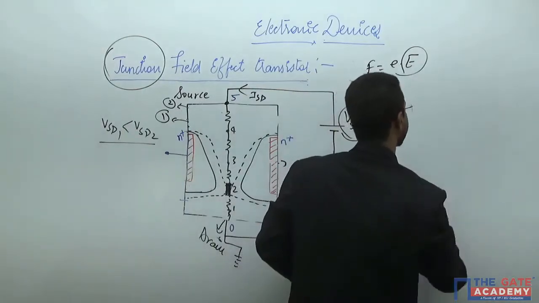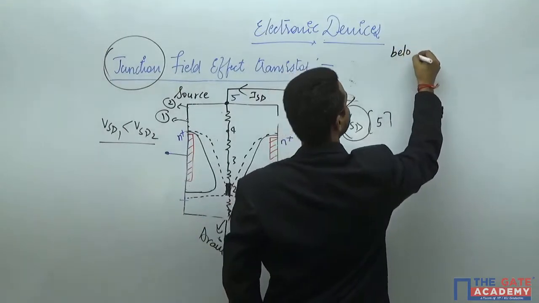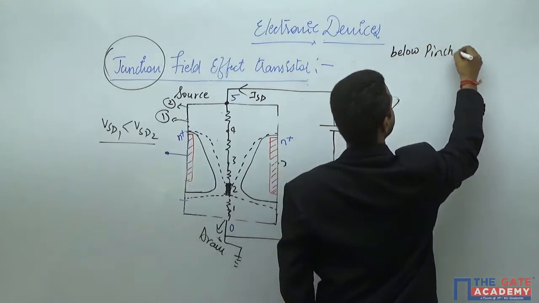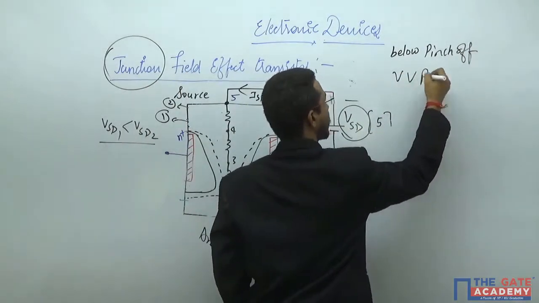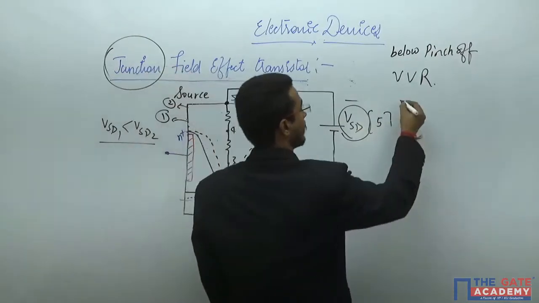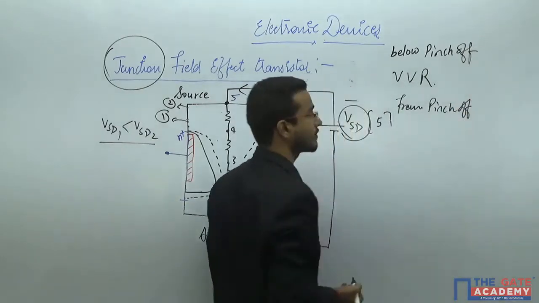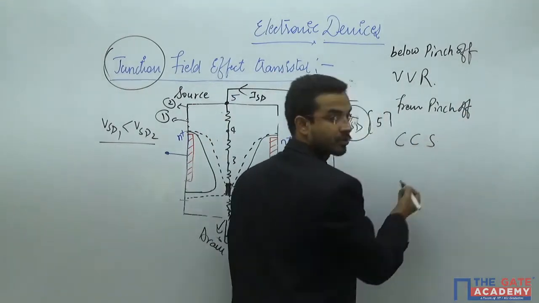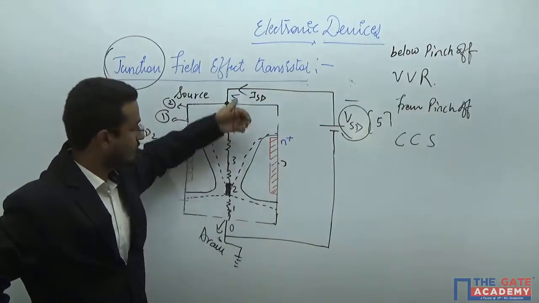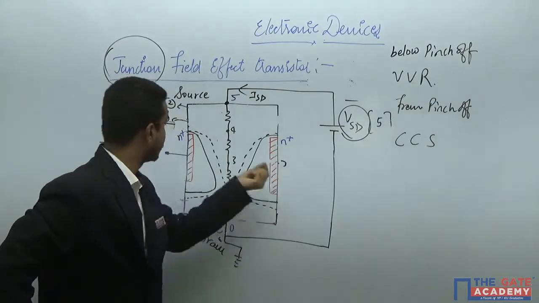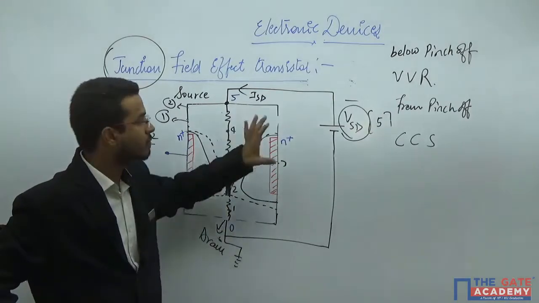So you can characterize this particular device: below pinch off, the device will act as a VVR, voltage variable resistor, and from pinch off, the device will act as a constant current source. These are only the two regions. And I haven't applied anything across these two terminals. This entire device, whatever you have, is just because of this.